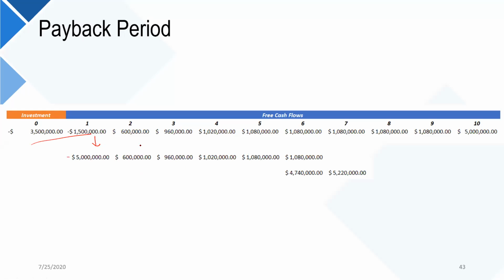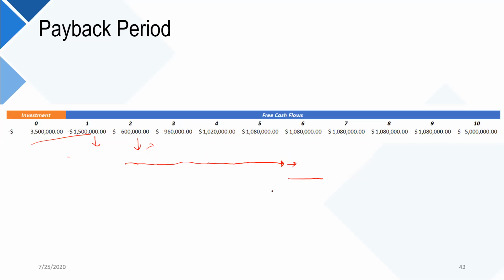This is 600, not sufficient to cover, so we move to the next one. The addition of these two is not 5 million, so we go to this one. Here we have 3 million, for 2 million something. It's not enough to cover the 5 million, so we go to this one, and it's almost there. Here it's 3 million something, and then here it is 4,740,000. So here we are almost at complete recovery.